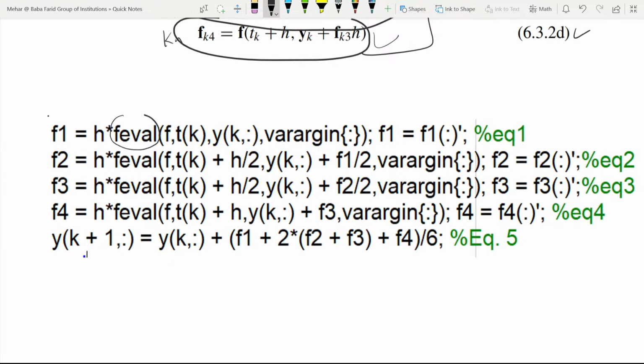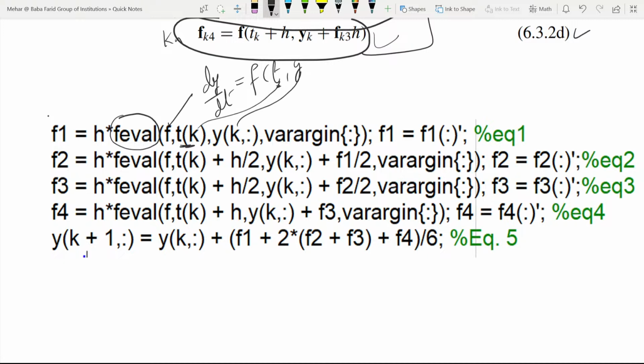This is the function evaluate. So this is dy upon dt is equal to f of t, y. Here is tk, and this is yk.